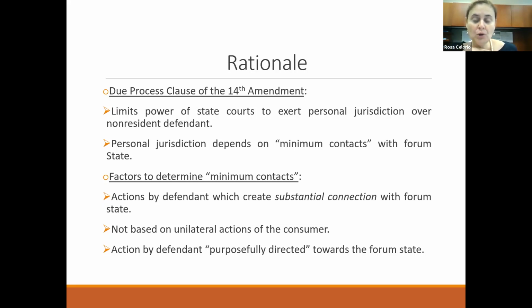So when you are reviewing any sort of ruling of the United States Supreme Court, it's always good to think about what the federal question is, what the constitutional law question is, why is the case before the US Supreme Court.